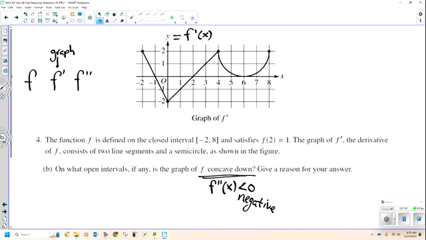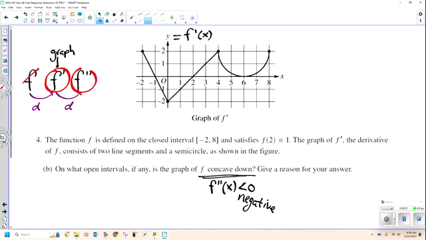These are always one derivative away. The derivative of f gives you f prime. The derivative of f prime gives you the second derivative, f double prime. So this is what we have, and this is what we need.